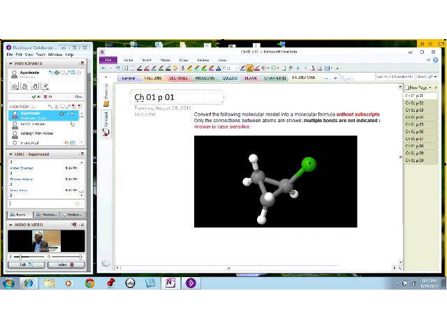So what will be the formula? C3H5 and 1 chlorine. That is correct. You have C3, then you have 5 hydrogens, and then you have the chlorine atom. Very good. Let us move on.